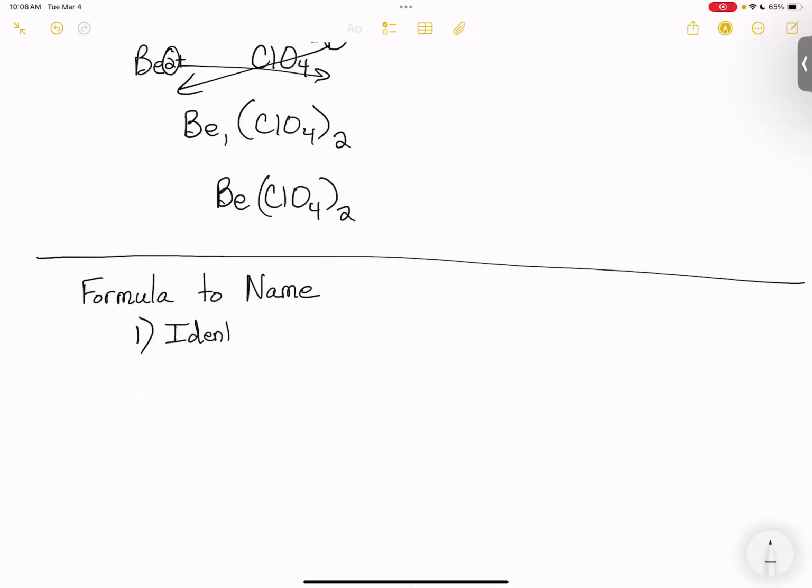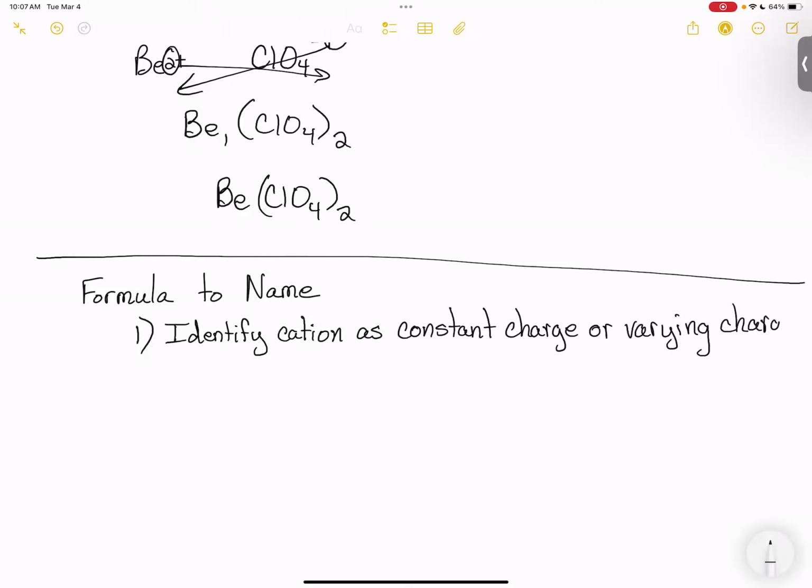You will identify the cation as constant charge or varying charge, because you treat them differently.